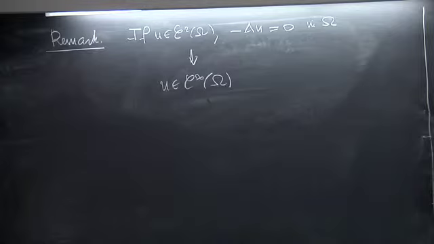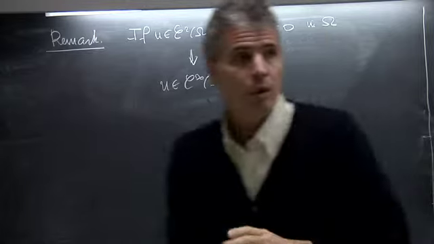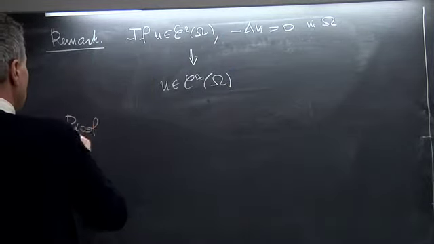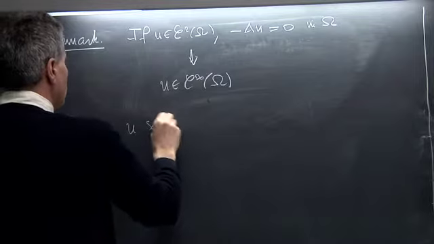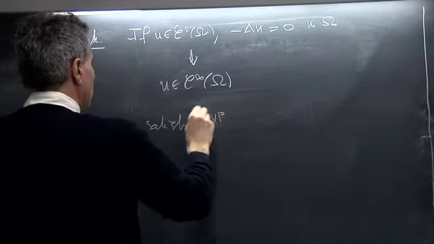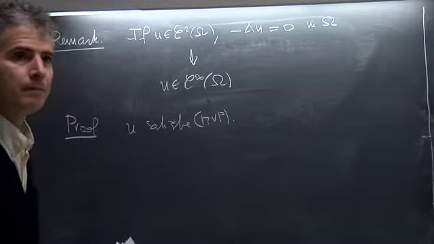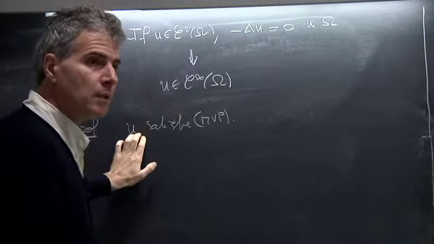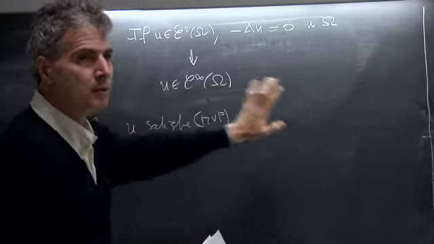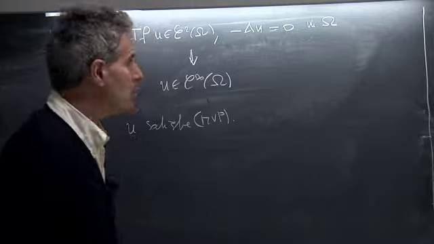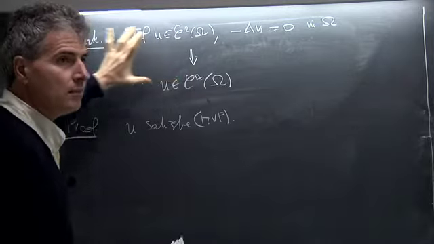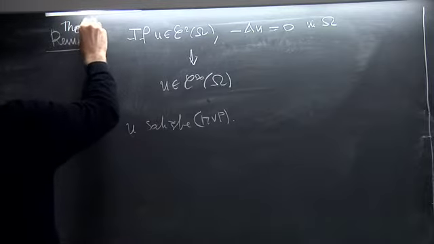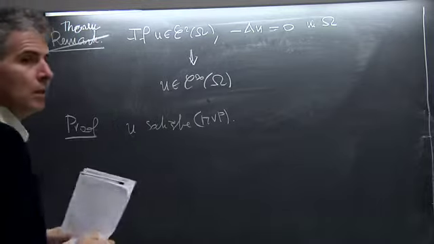And why is this true? Because we know how to do the proof. We know that if u is harmonic, it satisfies the mean value property, and if it satisfies the mean value property, it is C infinity. So at the end, we have this interesting theorem, more than a remark.